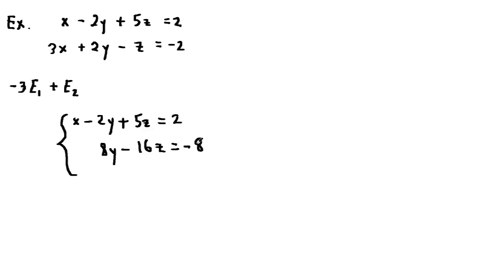Look at this second equation here. Notice z could be anything. So let z be t, and t is a free variable.